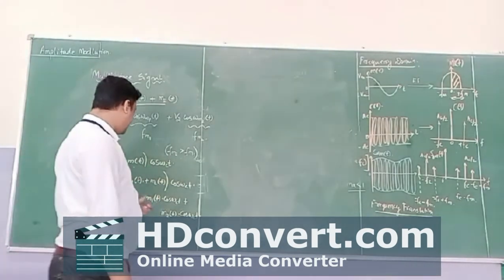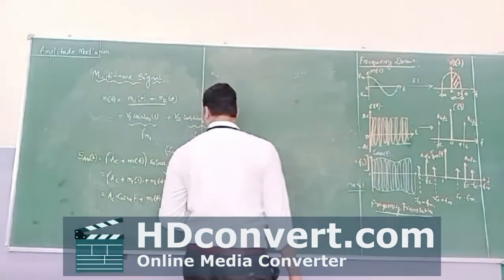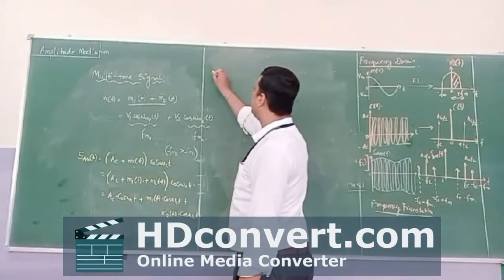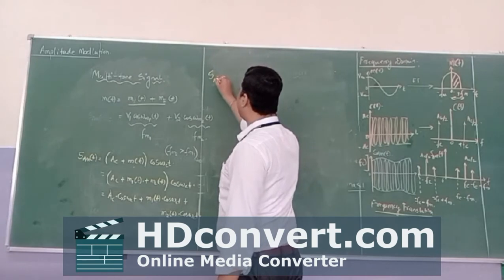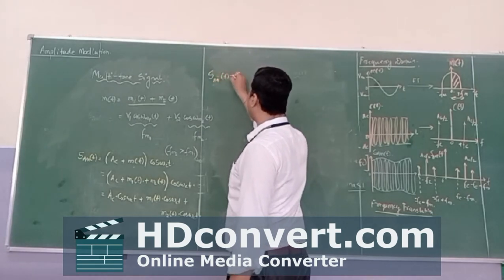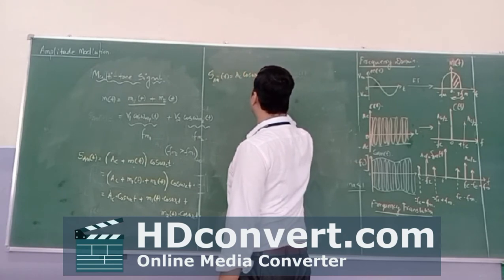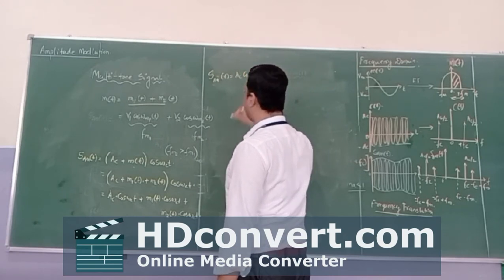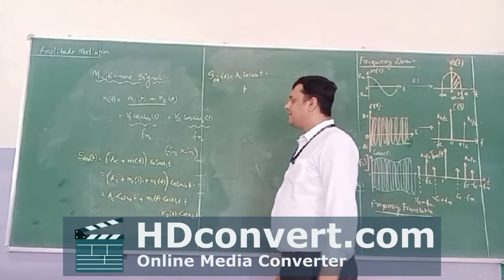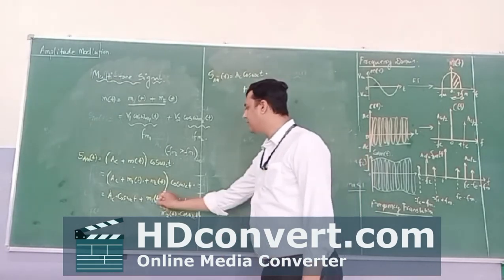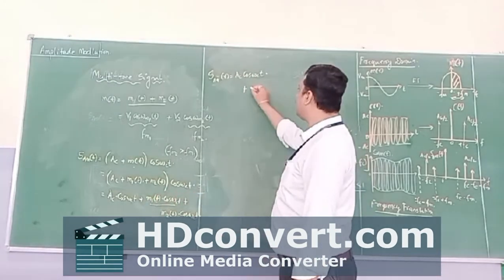Now when I expand this relation, I write S suffix AM of t. The first component is the carrier, which remains as it is. Second, if I expand this, what do I get?